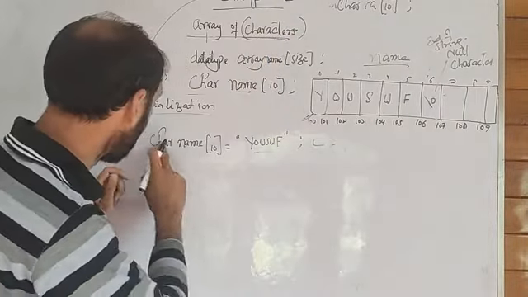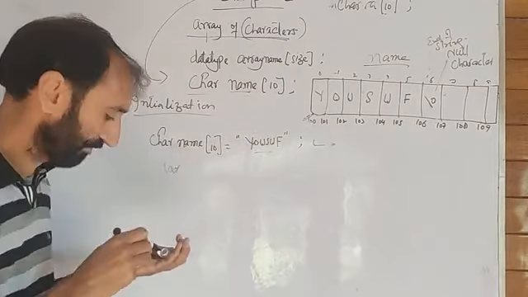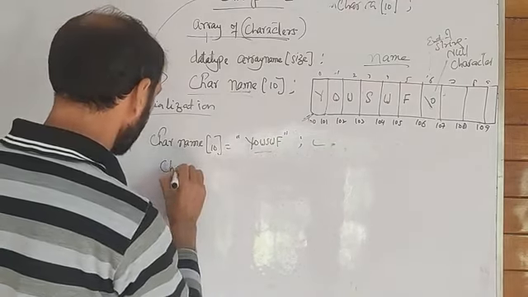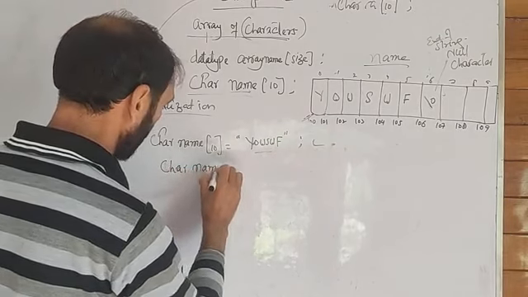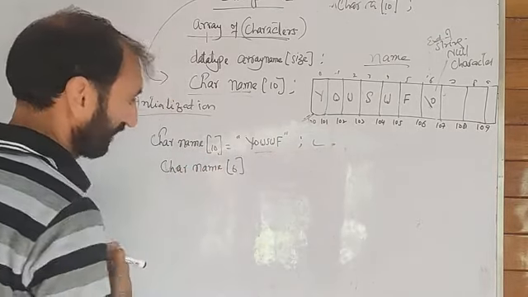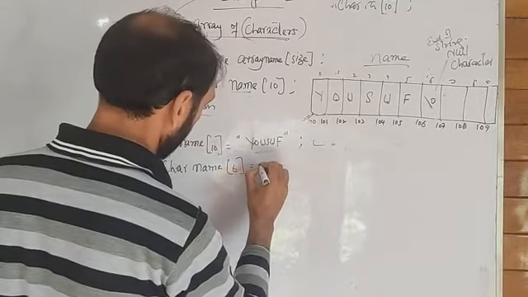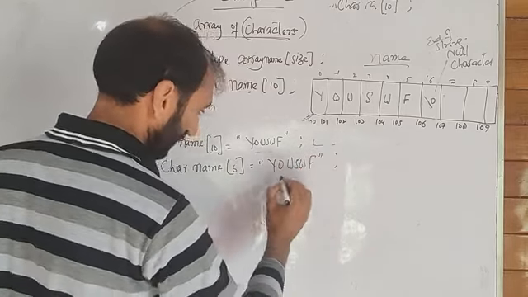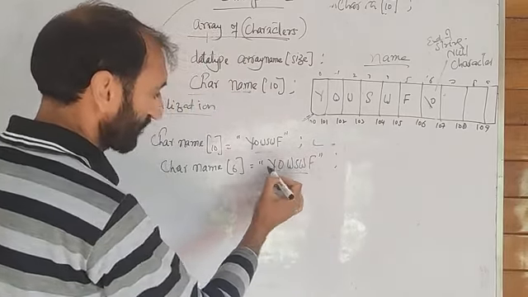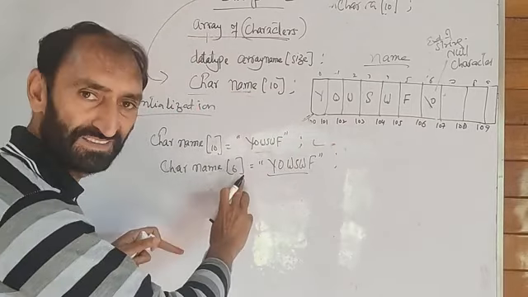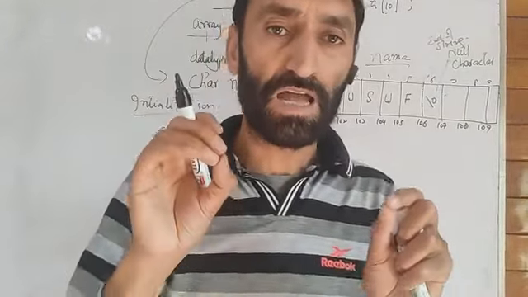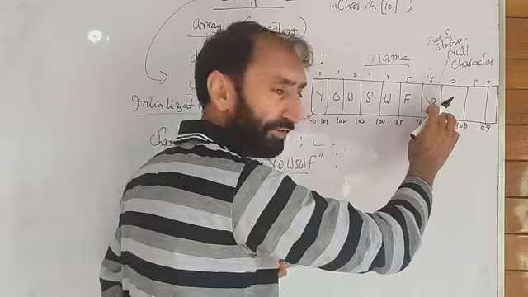For example, if I write char name[6] = "Yousuf", it will show me an error. Why? 1 2 3 4 5 6 is six, but the size must be 7. The size 6 is satisfied but it must be 7, because the last one is \0.